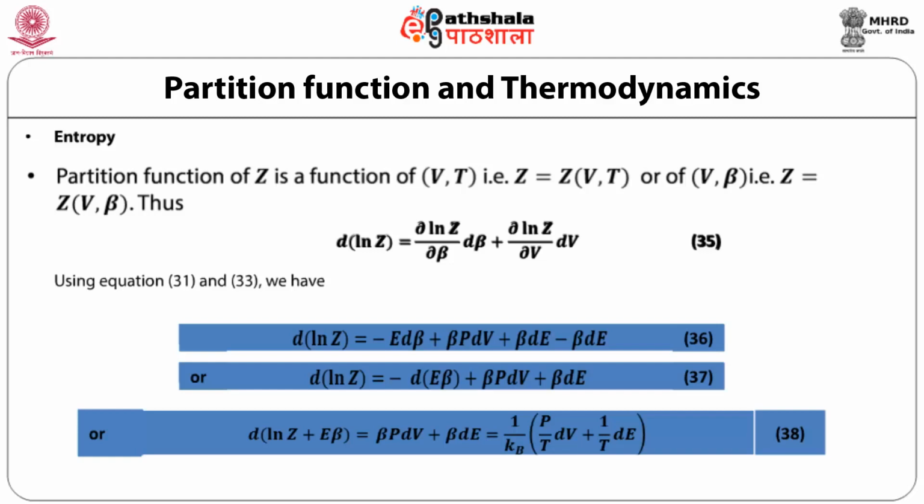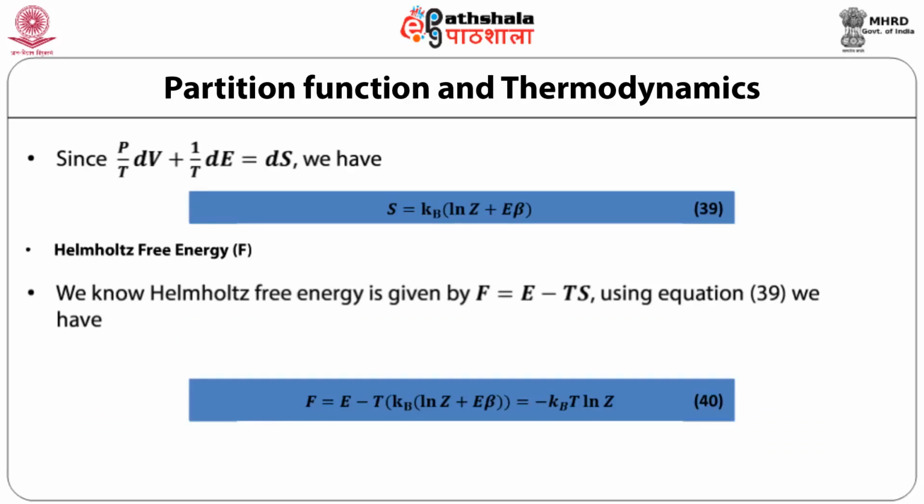Or, the full differential of log of the partition function plus E beta is equal to beta P dV plus beta dE, which is equal to 1 upon kB multiplied by P upon T dV plus 1 upon T dE. Since P upon T dV plus 1 upon T dE is equal to dS, we have S equal to kB log of the partition function plus E beta.